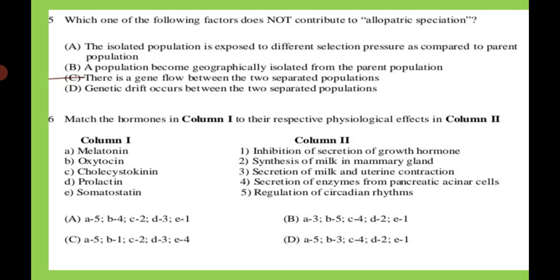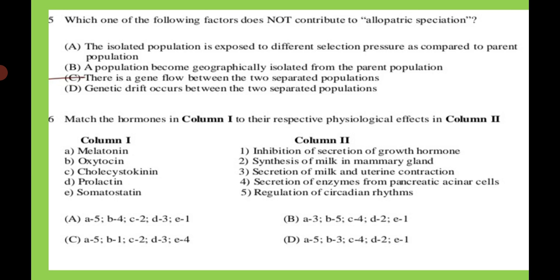Then prolactin, a hormone made by the pituitary gland. Prolactin causes the breasts to grow and make milk during pregnancy and after birth. So for prolactin: secretion of milk in mammary glands. Somatostatin is a cyclic peptide well known for its strong regulatory effect throughout the body. It is also known as growth hormone inhibiting hormone.